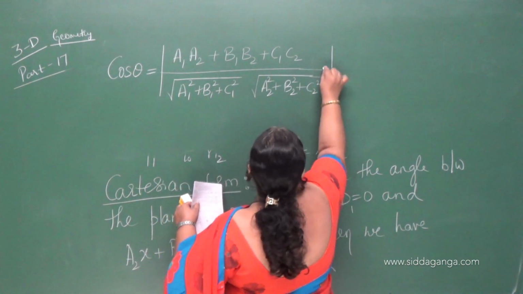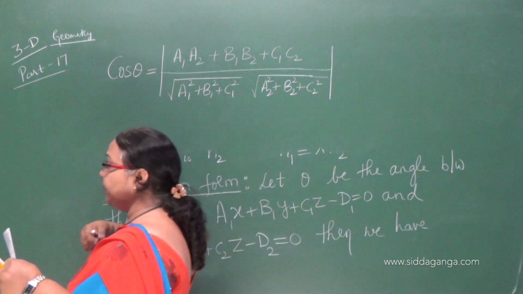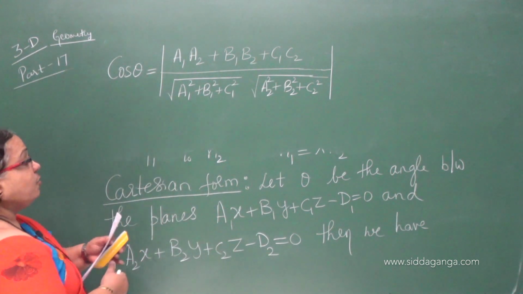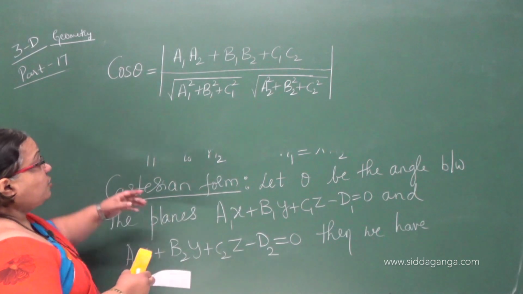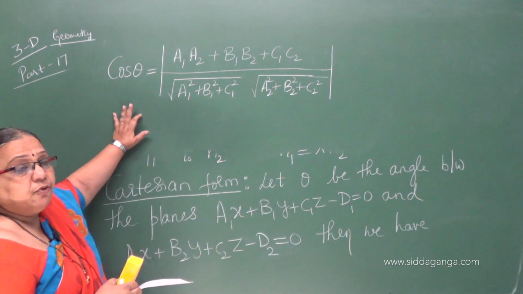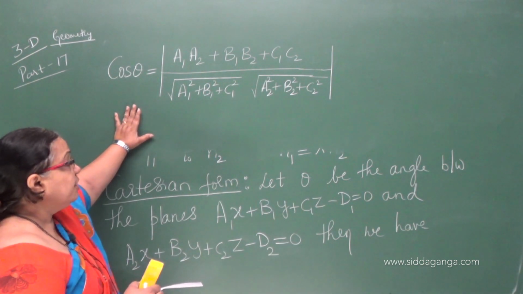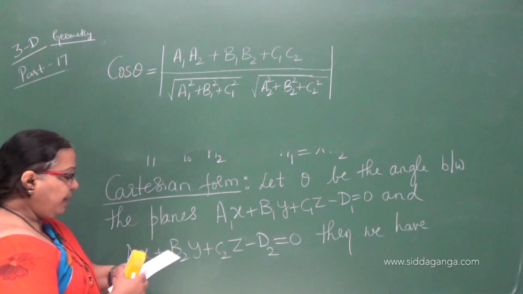So now this formula gives the angle between the two planes at the common point, in the Cartesian form. Which form does this represent? It represents the Cartesian form.